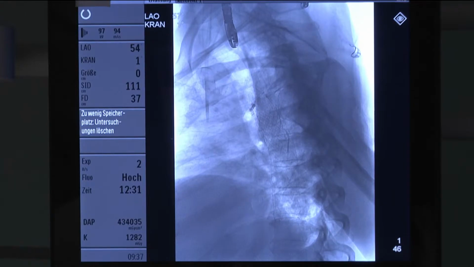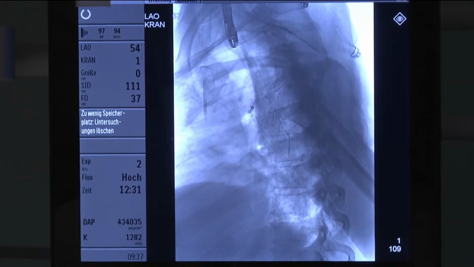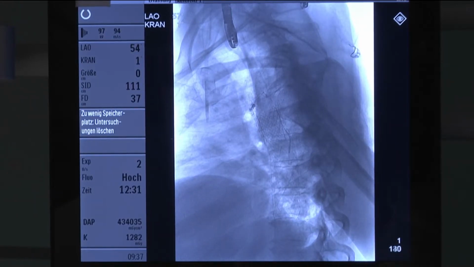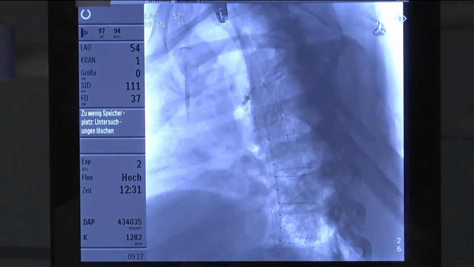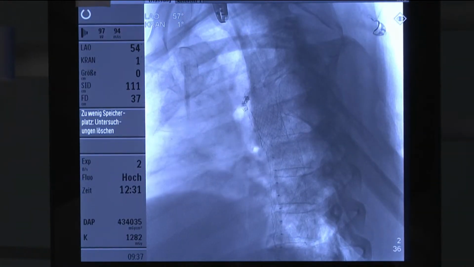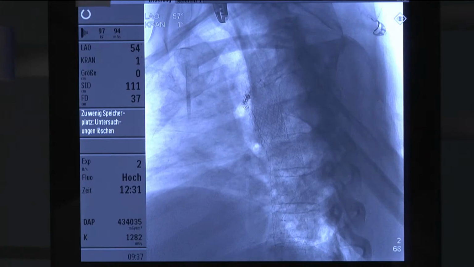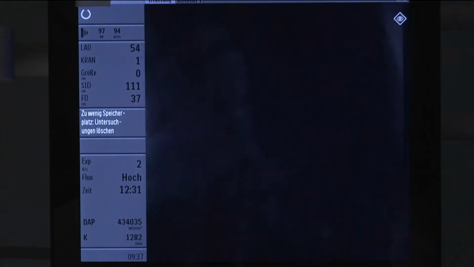We had some problems catheterizing this Palmaz stent. We were behind this Palmaz initially. We then used the pigtail catheter to go over the Palmaz stent, this is the maneuver with the pigtail catheter.